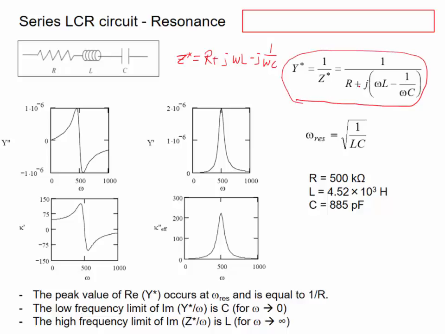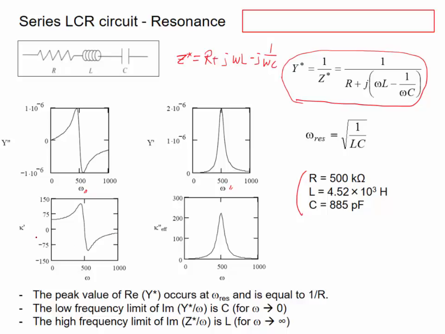And from this, if you calculate the imaginary component and the real component, you can plot these graphs with some parameters like this. Right? The R is here, the 500 kilo ohm, L is the 4.52 times 10 to the 3 Henry, and the C is the capacitance, in picofarad. So then if you plug these numbers to here, then you can plot the Y double prime and the Y prime versus the omega, the frequency.